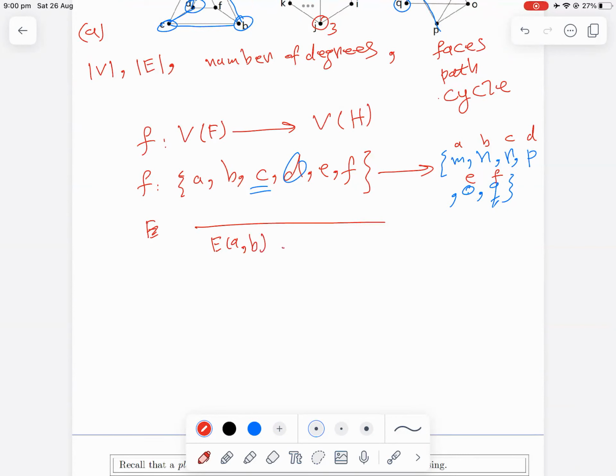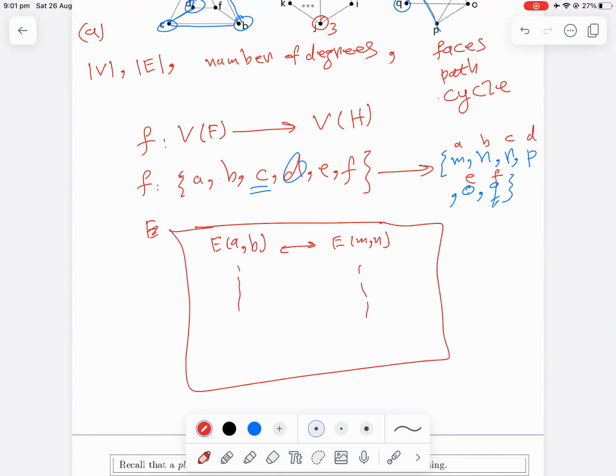EAB corresponds with EMN, the edge between vertex M and N. Okay. And you can continue like this one. All right, so it will be something like this table here. So you can continue for sure.